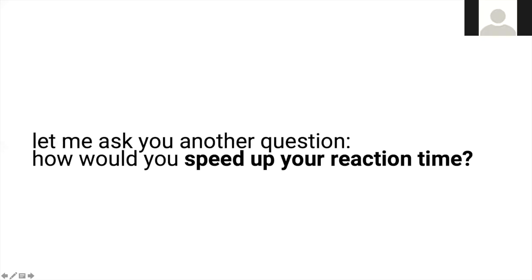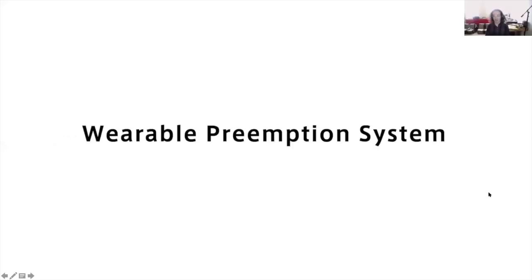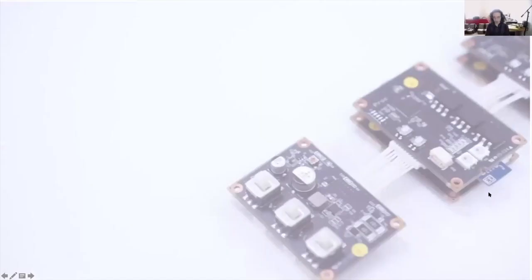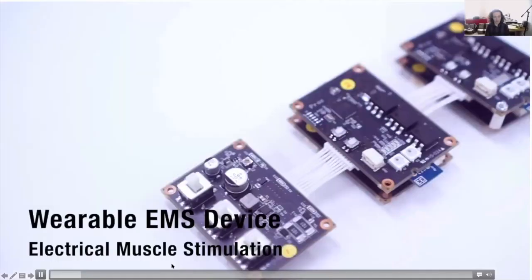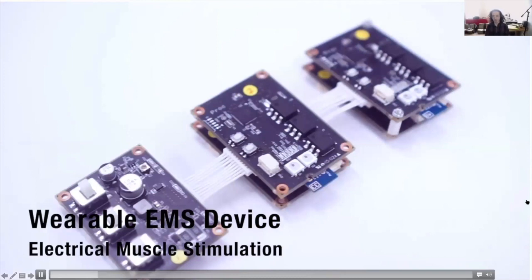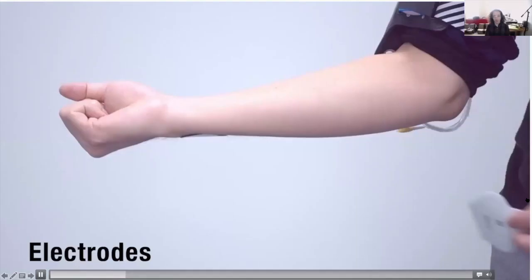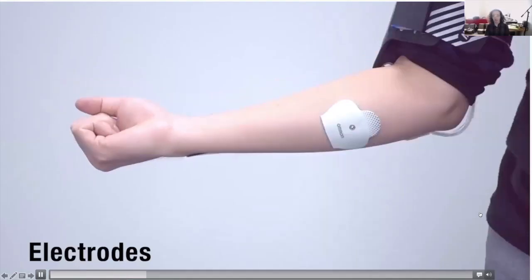Maybe do something like stimulate your muscles just a few milliseconds before the baseball is about to be released. Sounds awesome. All right, so let's look at that, right? So we take a muscle stimulation system. You should be able to see one being strapped on right now. Put electrodes on you.